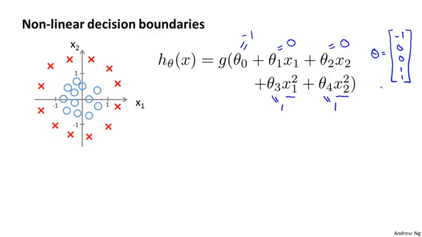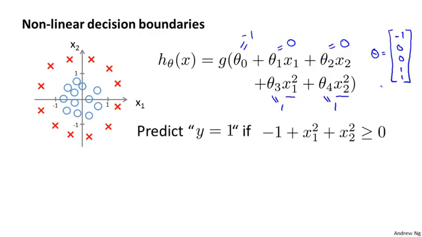Following our earlier discussion, this means that my hypothesis will predict that y is equal to 1 whenever minus 1 plus x1 squared plus x2 squared is greater than or equal to 0. This is whenever theta transpose times my features is greater than or equal to 0. And if I take minus 1 and bring it to the right, I'm saying that my hypothesis will predict that y is equal to 1 whenever x1 squared plus x2 squared is greater than or equal to 1.